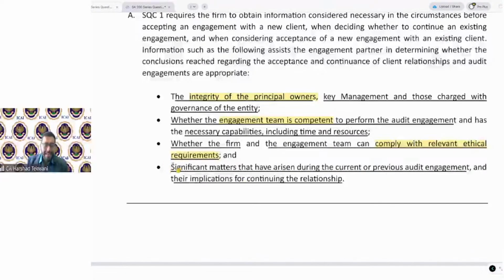And fourth, significant matters that have arisen during the current or previous year audit. Why? Because that will guide you whether you should accept the audit engagement or not.